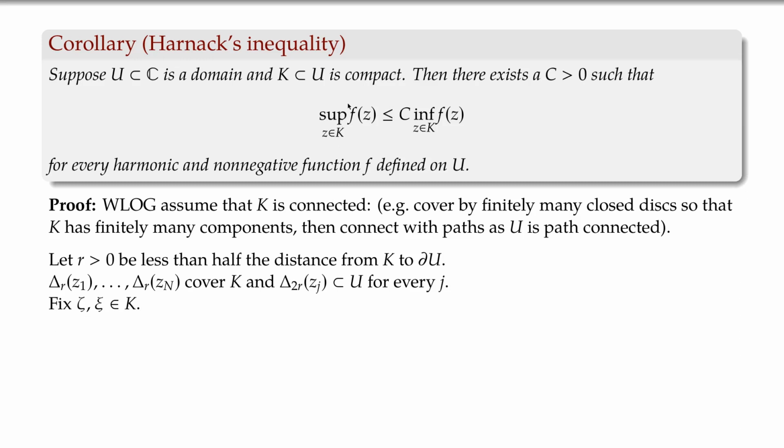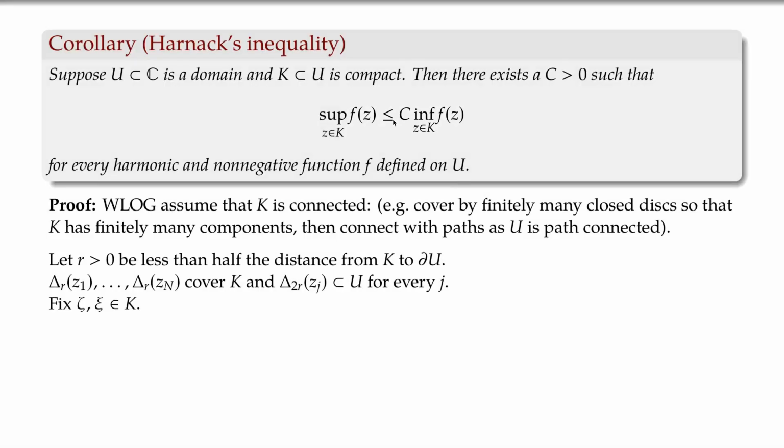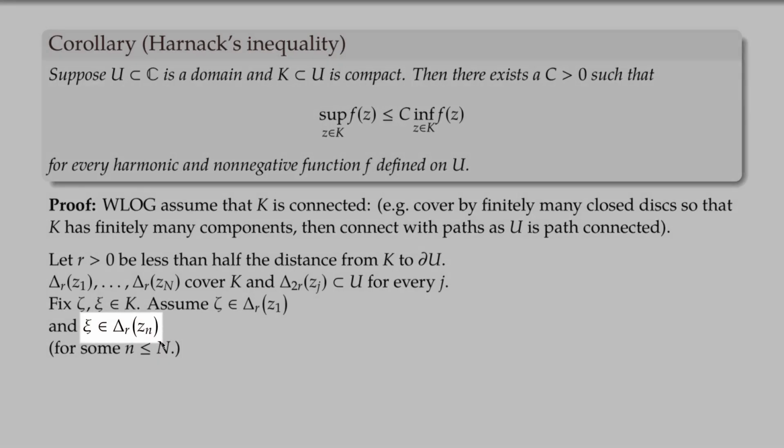We're trying to figure out an inequality like this, without the supremum and without the infimum, and we're trying to get a c that does not depend on zeta and xi. Now, suppose that zeta is in the first disk. We could just reorder the disks for this to be true. And let's suppose that xi is in the nth disk, some little n. It could be less than capital N.